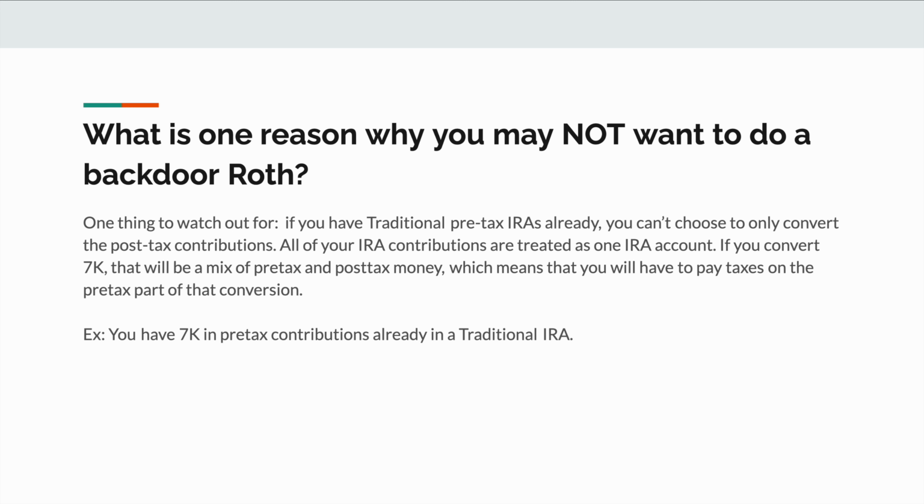That $3,500 gets added to your income for that year, and you're going to have to pay your marginal income tax rates on that. So for someone earning $200,000, your marginal income tax rate for federal is going to be 32% plus any state. And so that ends up being quite a bit of taxes you're going to have to owe because you're doing a conversion of pre-tax money. And you have to know this when you're trying to do the strategy.